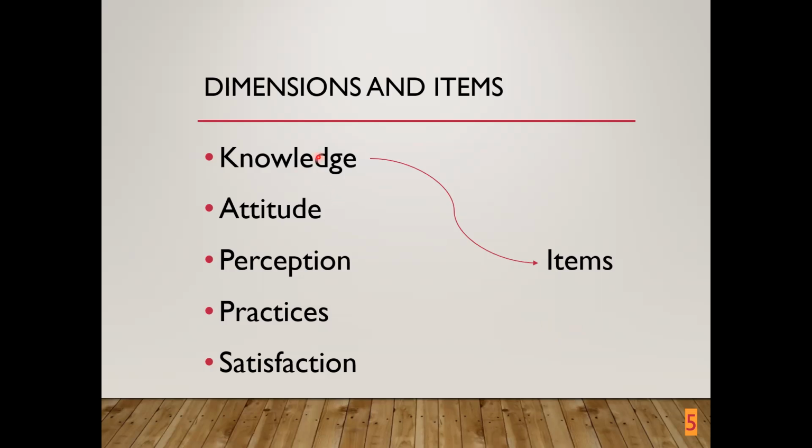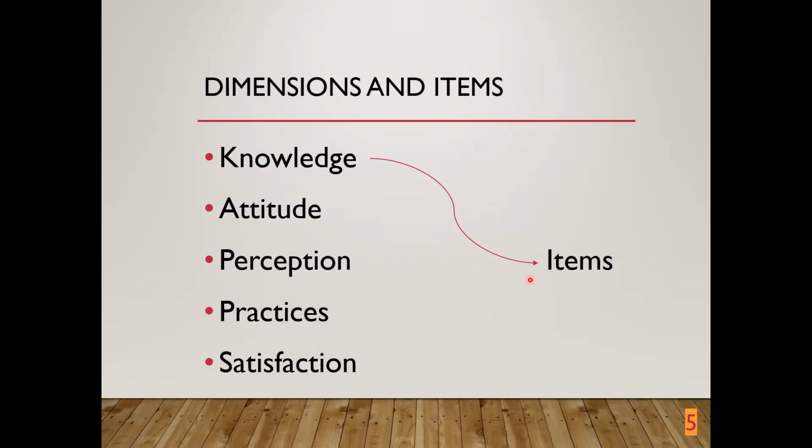Before you can say somebody understands what COVID-19 is, you may have asked a couple of questions, maybe 4 or 5. What do you understand by COVID-19? Is it infectious? Is it transmissible? Can people contract it? Is it real? At the end of the day, when you gather those items in your questionnaire, you must be able to see if this individual can effectively answer these questions. We can then judge the knowledge of this individual.